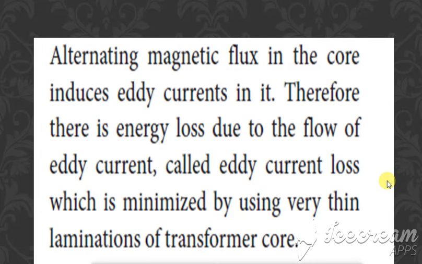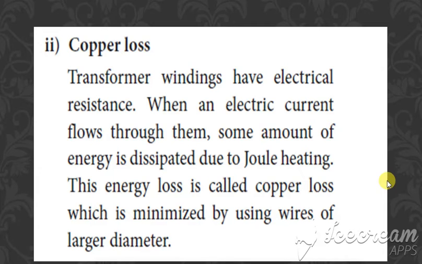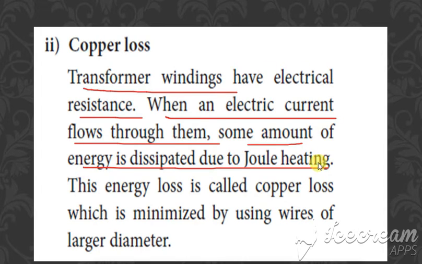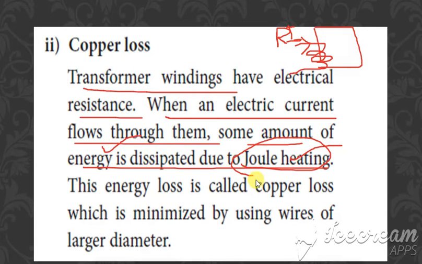Clear? Then next we have the copper loss. What is the copper loss? The transformer windings have electrical resistance. When the electric current flows through them, some amount of energy is dissipated due to joule heating, I squared R. This energy loss is called copper loss.